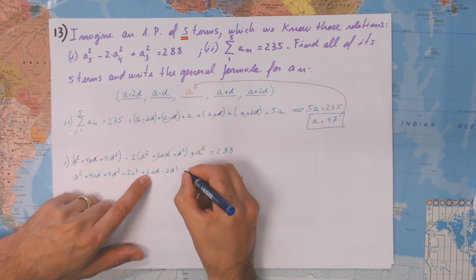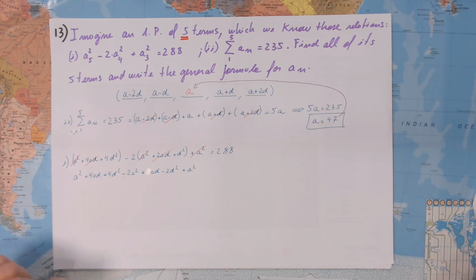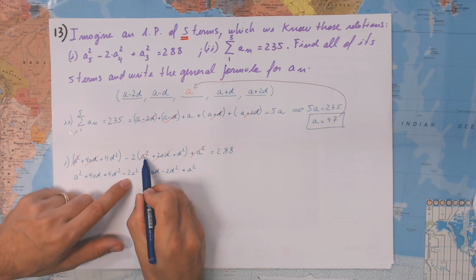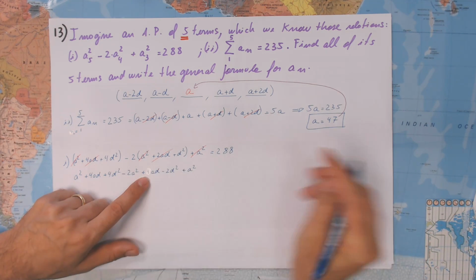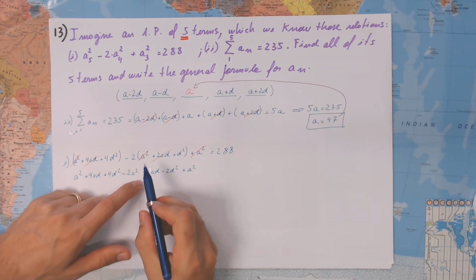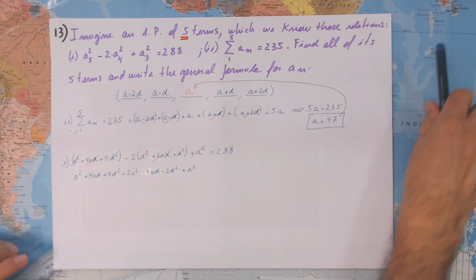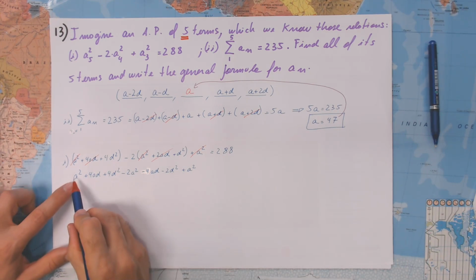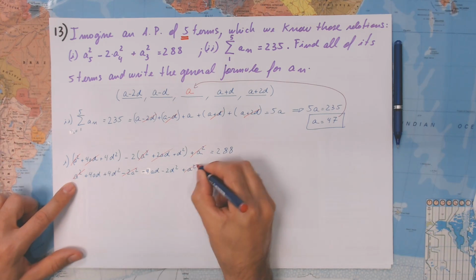Minus 4AD plus A squared. Okay, let's see. Minus 2A squared, minus 4AD, minus 2D squared. Okay, now it's good.